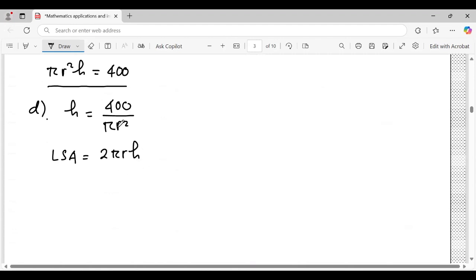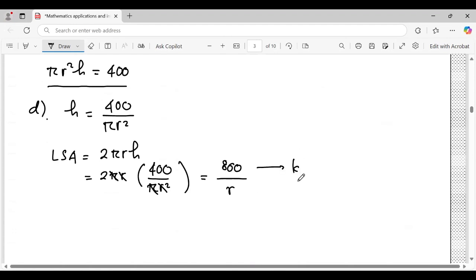Substituting h, 2 pi r times 400 over pi r squared, and dividing by r, 2 times 400 becomes 800 over r, and this is K. So K equals 800.